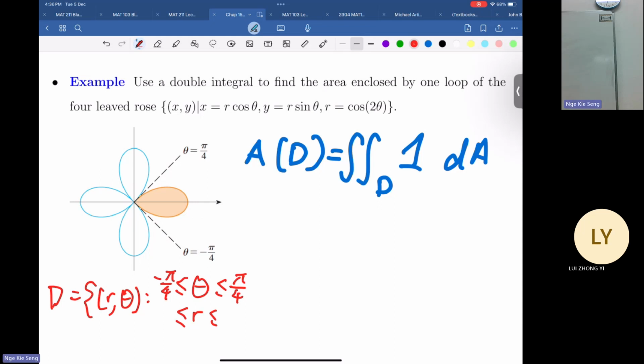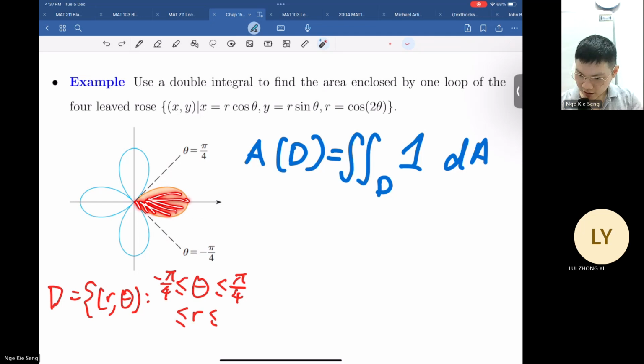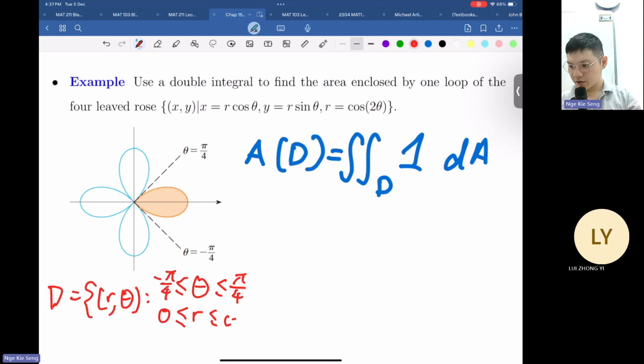So the smallest radius here is 0, from 0 all the way up to your function. So all of them from 0 up to cos 2 theta.